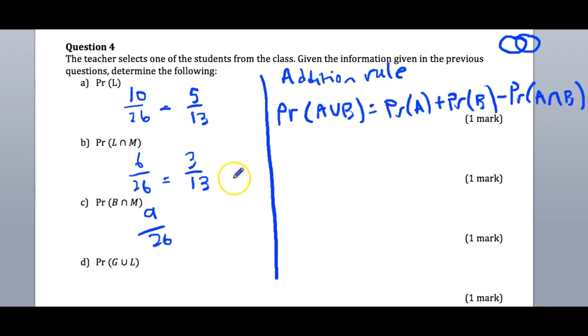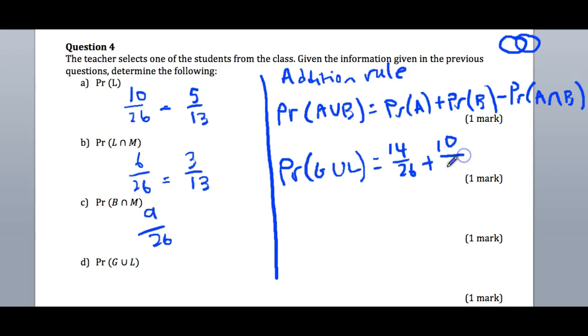So for this one here, we want the probability of a girl or Lego. So the probability of a girl was 14 over 26. The probability of Lego, now don't write 5 over 13, because if you don't have a calculator, it's just easier to add when you've got the same denominator.